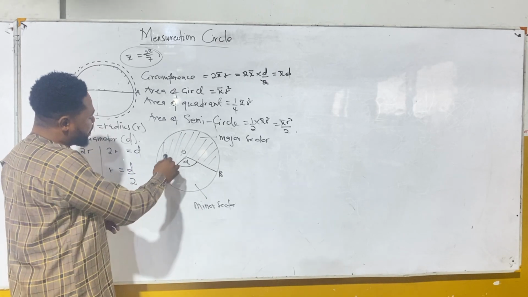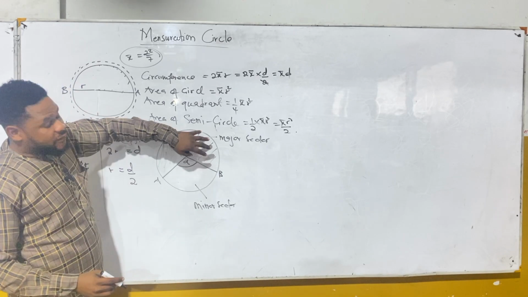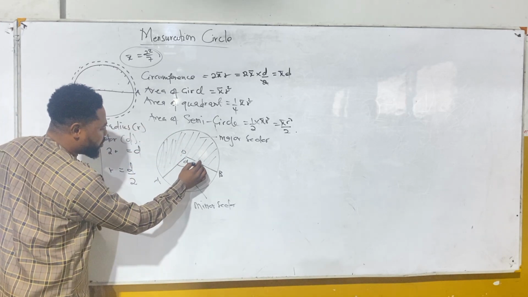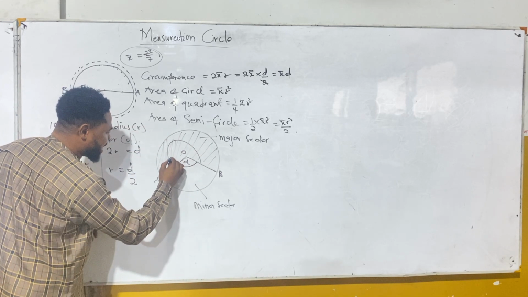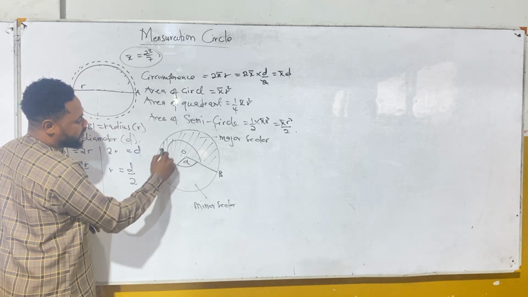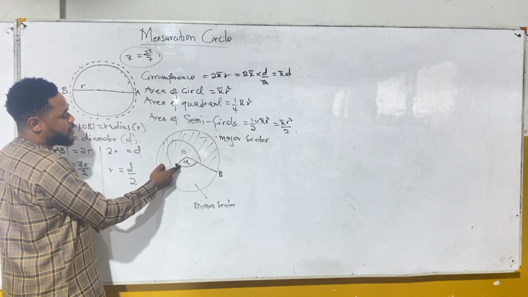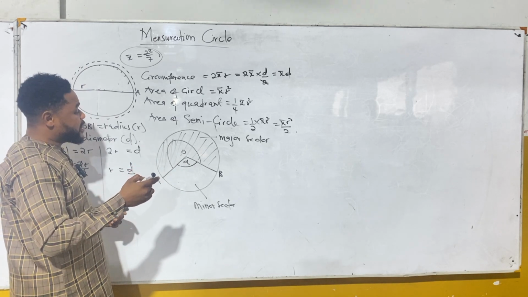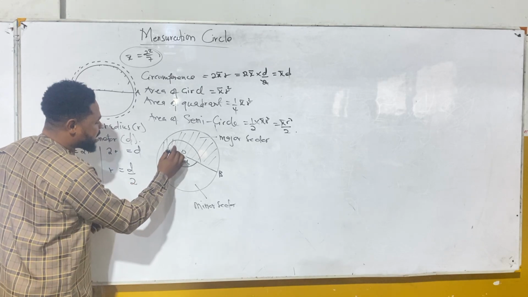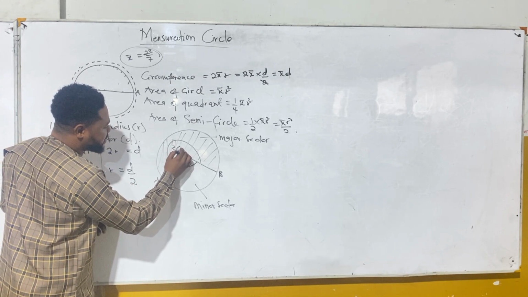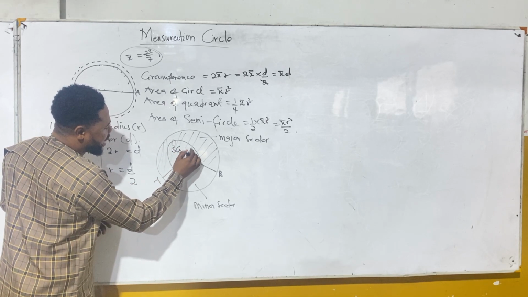Basically, when we want to find the area of the major sector, we are going to use this reflex angle here. From here to here is alpha, and angles meeting at a point equal 360. So automatically, the reflex angle here will be 360 minus alpha.